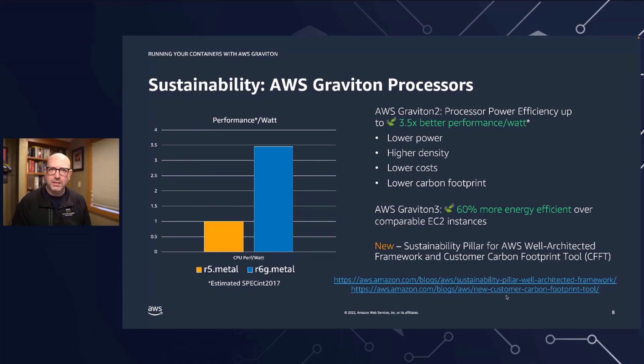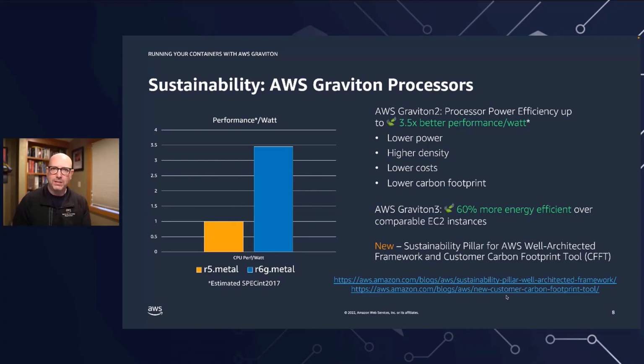Amazon has signed the Climate Pledge, in which Amazon is aiming to significantly reduce its carbon emission targets and also reduce its overall energy used over the coming decade. By introducing Graviton 2, we see performance power efficiencies up to 3.5 times better performance per watt. Basically, this means that for each unit of work that a Graviton 2 processor does, it uses 3.5 times less energy to do so.